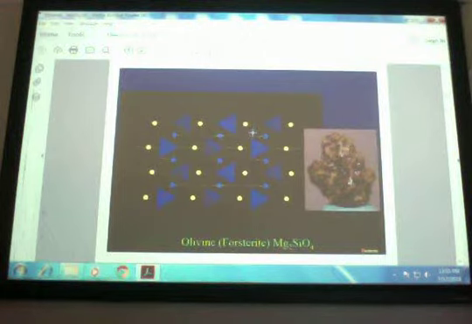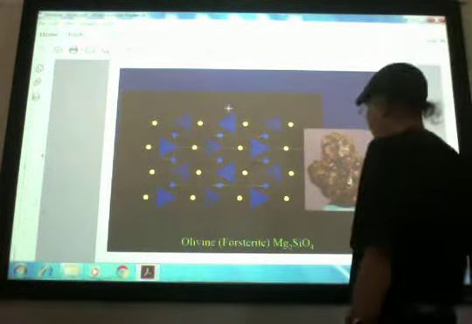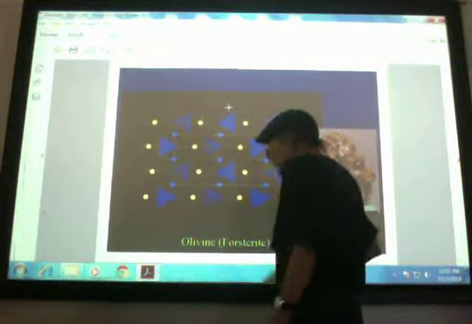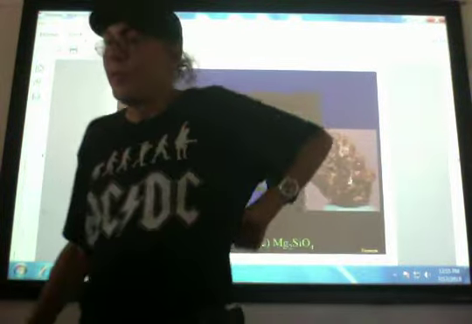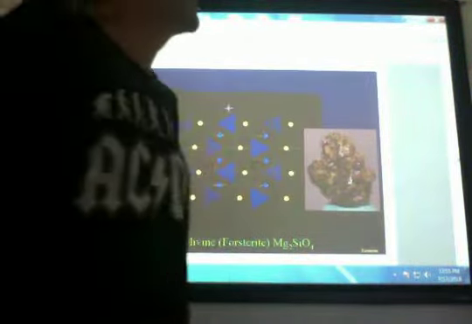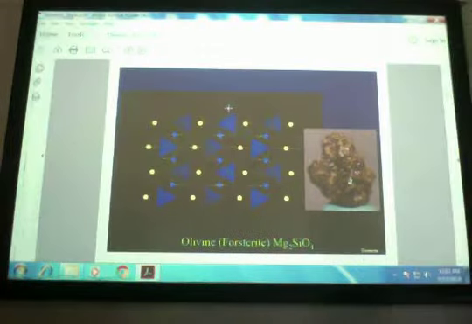One of the end members of the olivine is the forsterite, Mg2SiO4, and the shortcut is Fo.